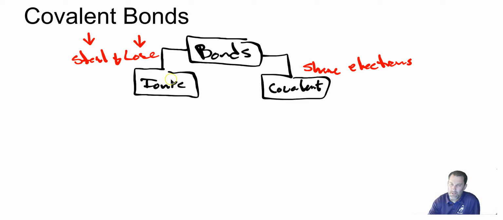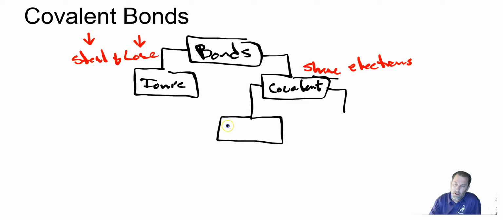All right, so that's kind of the basic one ionic, one covalent, but there are two types of covalent bonds. And it still has to do with how they share. If they share unequal, we call them a polar covalent bond. If they share equal, we call it nonpolar.